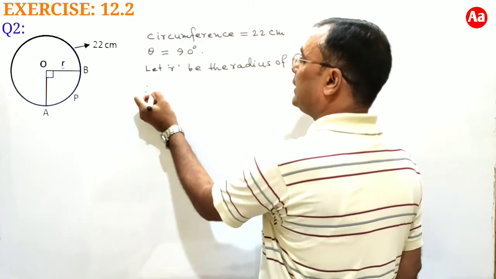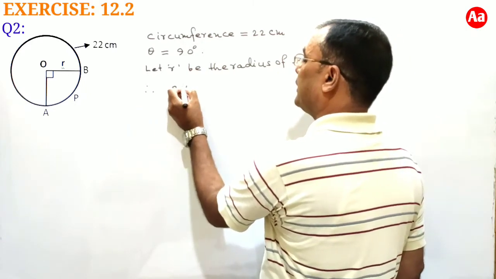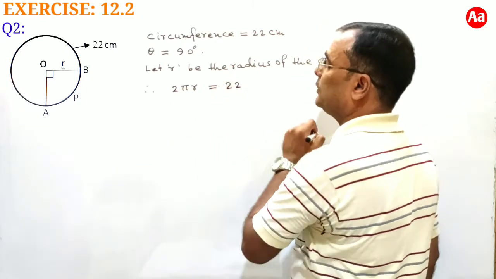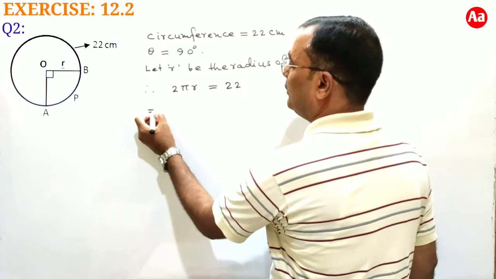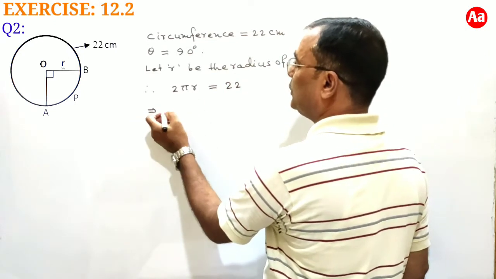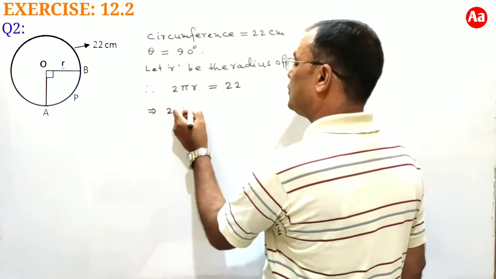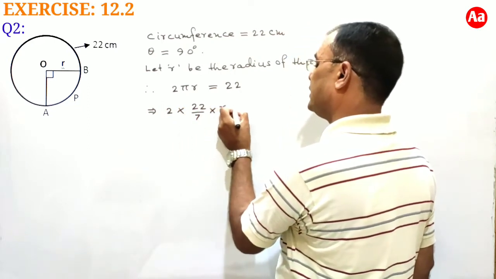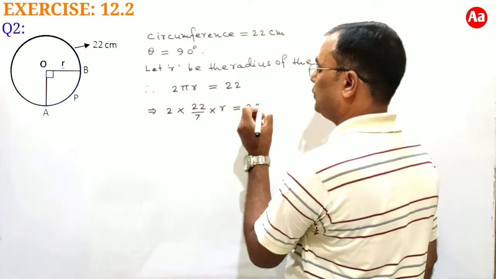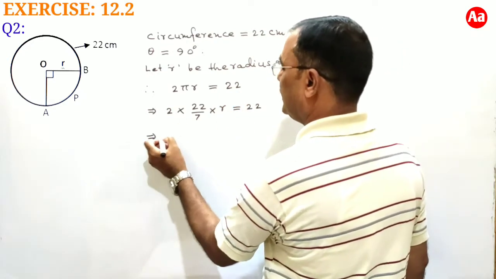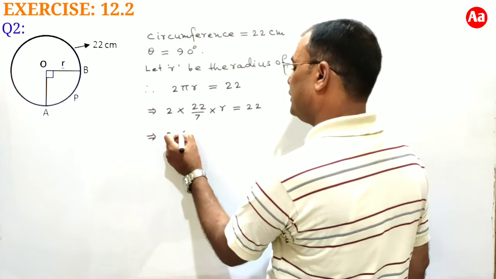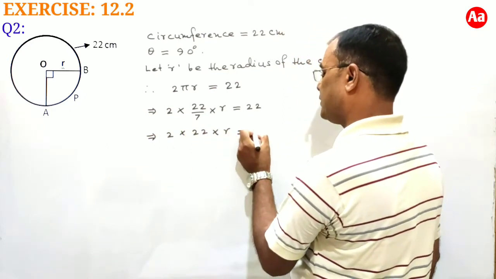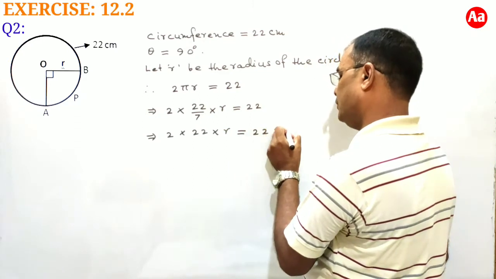So we can write 2 pi r, circumference formula, is equal to 22. Put the value of pi 22 by 7: 2 into 22 by 7 into radius r is equal to 22. This implies 2 into 22 into radius r is equal to 22 into 7.